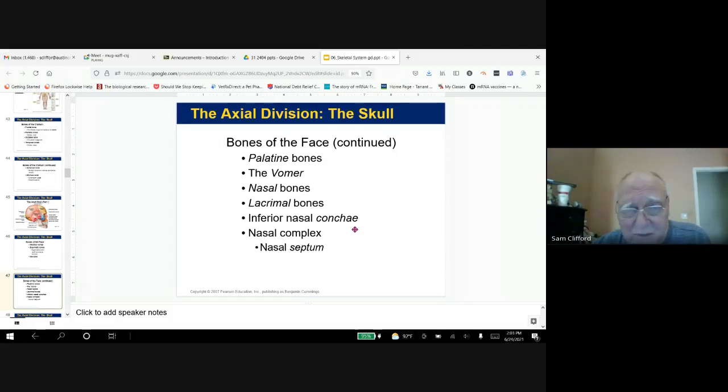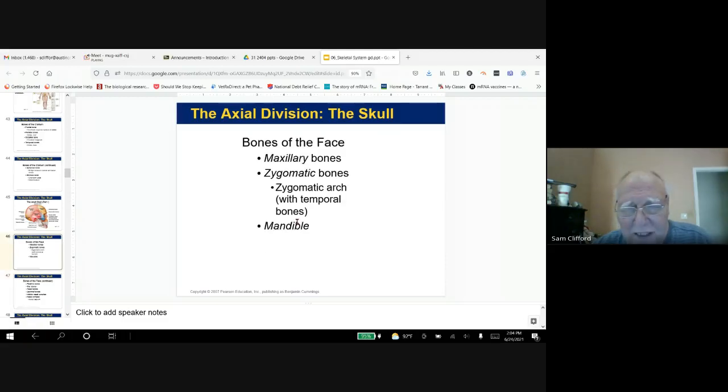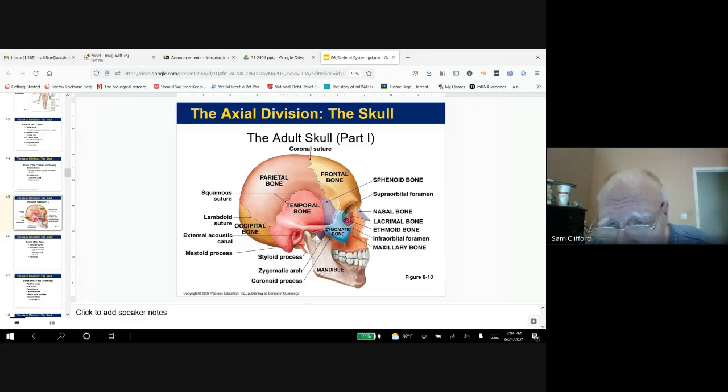The bones of the face: the palatine bone, the vomer, nasal bones, the lacrimal bones, the inferior nasal conchae. If we go back to the skeleton, here's the lacrimal bone, here's the ethmoid bone, here's the maxillary. These are the bones that form the eye cavity, and also the rest of the bones of the face.